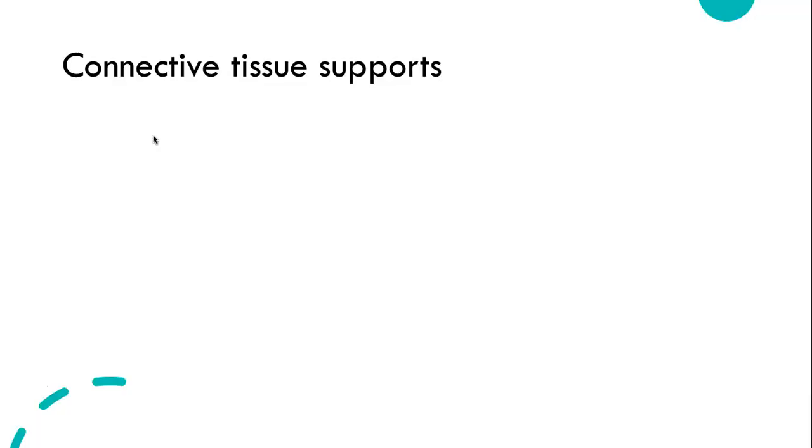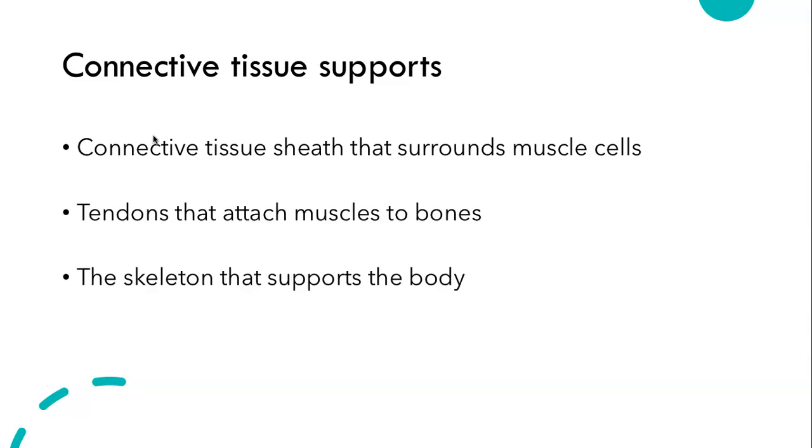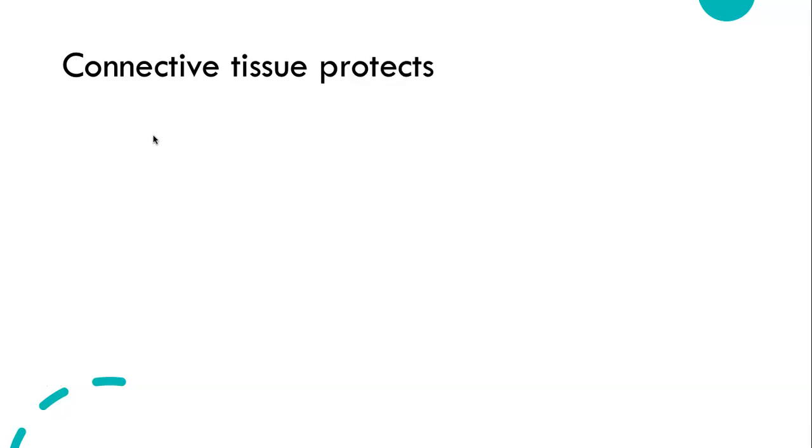So the first thing that connective tissue does is it supports things in the body. Examples of this are the connective tissue sheath that surrounds muscle cells, the tendons that attach muscles to bones, and the skeleton that supports the body itself. But connective tissue also protects.